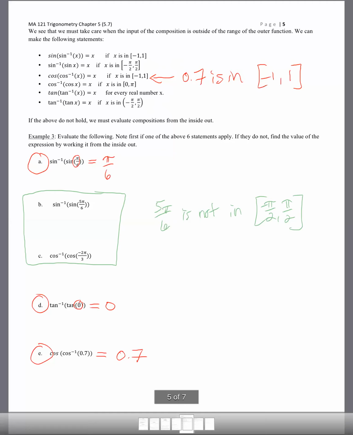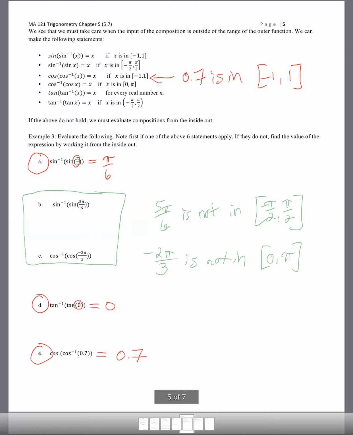And very similarly, negative 2 pi over 3 is not in the interval for which it must be to evaluate cosine composed with its inverse. So that's right here, the interval 0 to pi. So it's not in that interval 0 to pi, certainly, because it's a negative number.